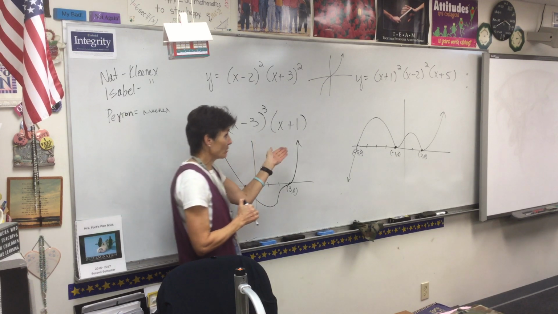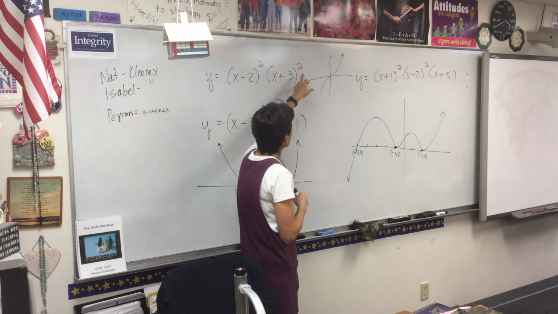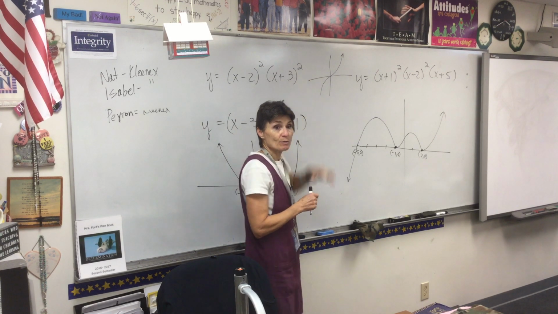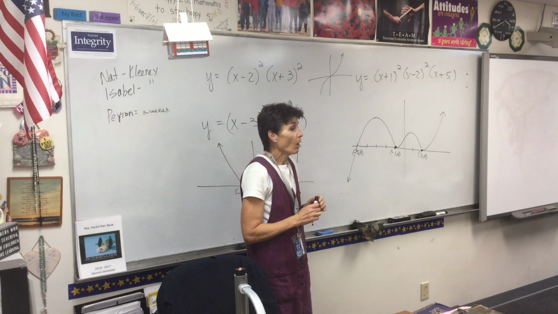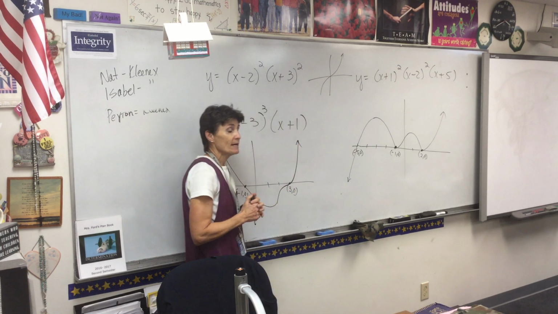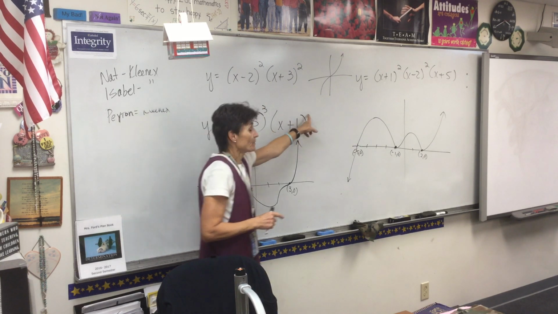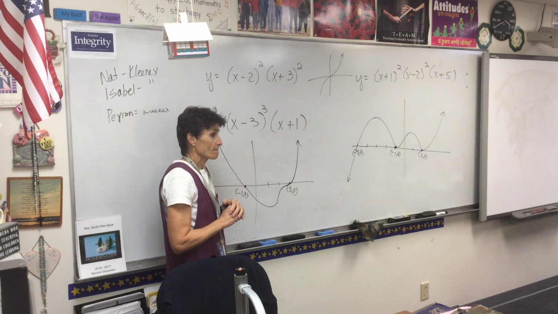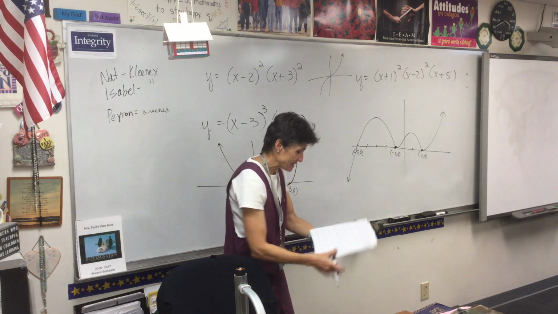If it's anything bigger than that, it repeats those behaviors. So if you had one that was to the 4th, it would bounce off. If you had one to the 5th, it would squiggle through. All even numbers, it bounces off. Any odd number, it squiggles except 1. If it's 1, it's just straight through. There's a lot to know, but it's easy, luckily.